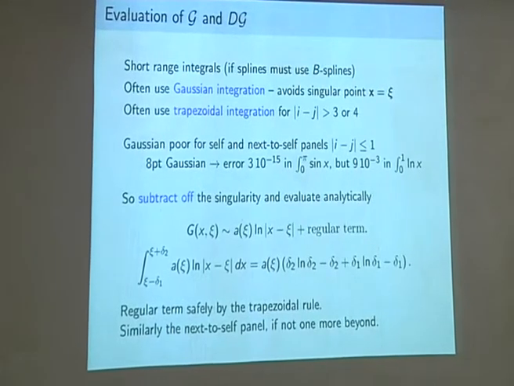Okay, so to evaluate those short-range integrals, many people use Gaussian integration, which gives quite good accuracy. And the clever thing about Gaussian integration is that it avoids the singular point. When you're integrating with respect to x, it avoids the point x equals psi, which is where everything's singular.